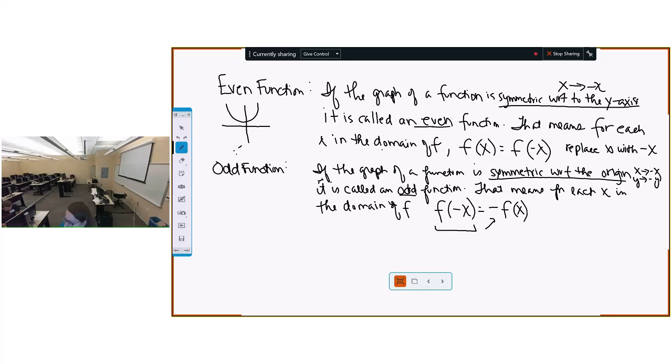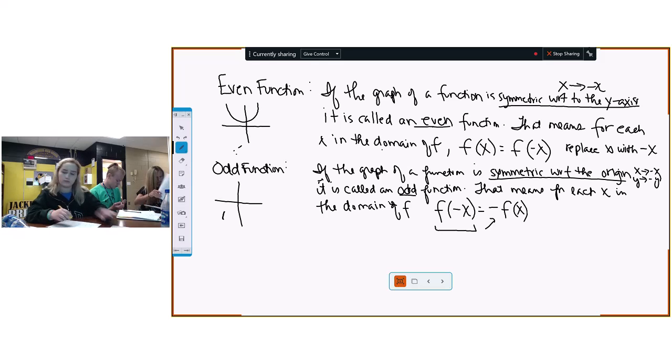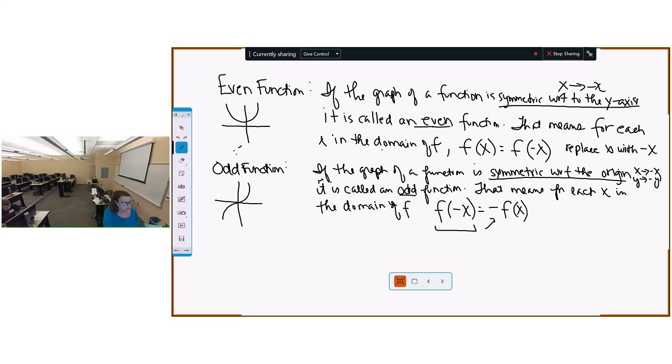So it's the same as replacing x with a -x and y with a -y. Now, an odd function could look like this as an example. It's symmetric with respect to the origin.